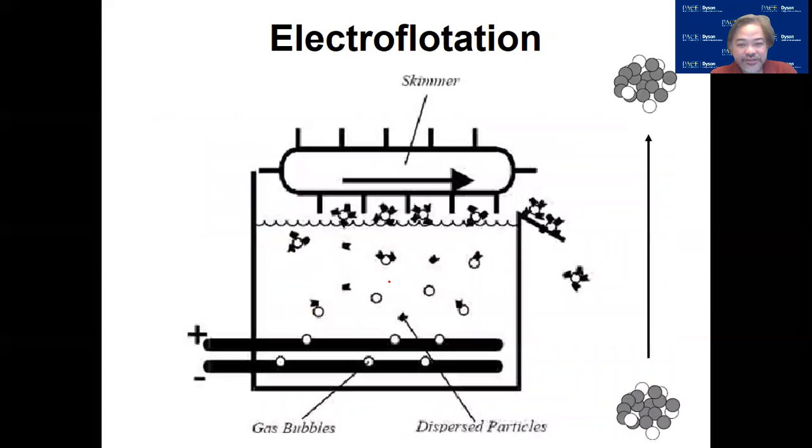The gas bubbles form, and some of them will float to the top of the surface. So this is the bubble. Once it forms, it goes up on top of the surface, and you have a skimmer there that removes these bubbles that are produced.